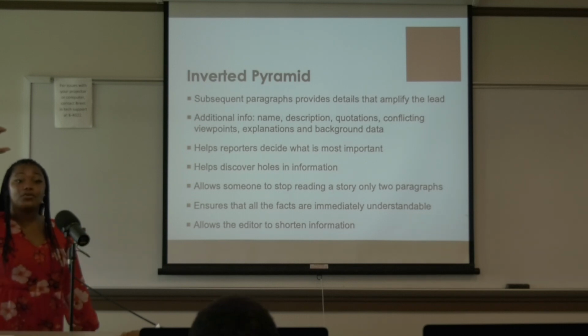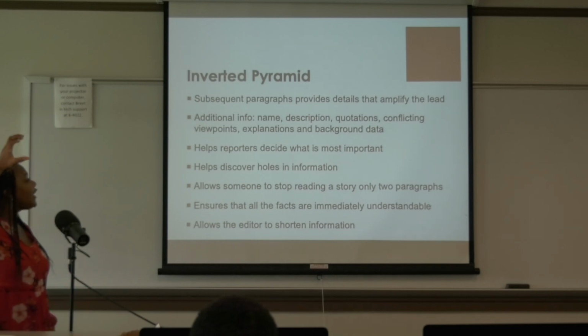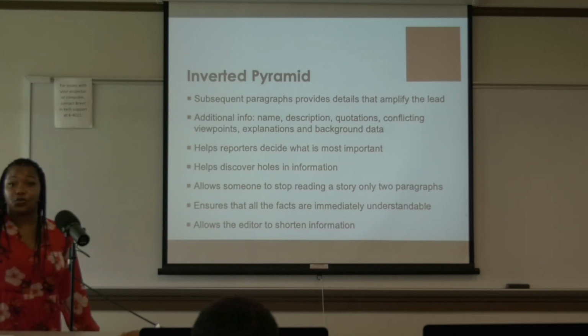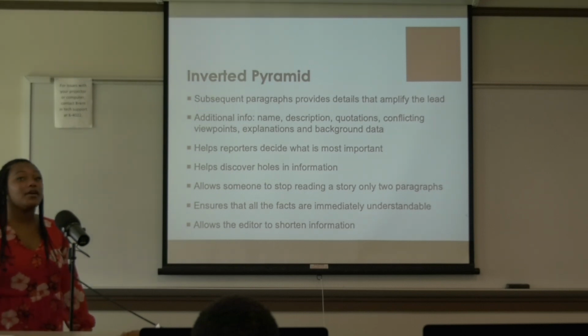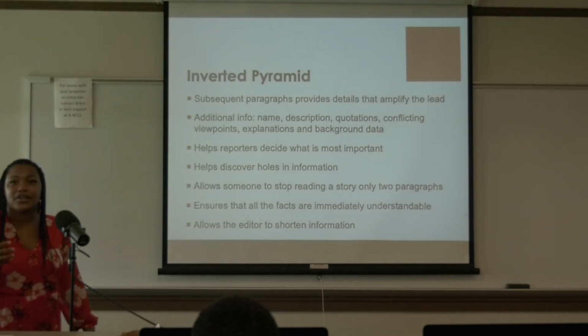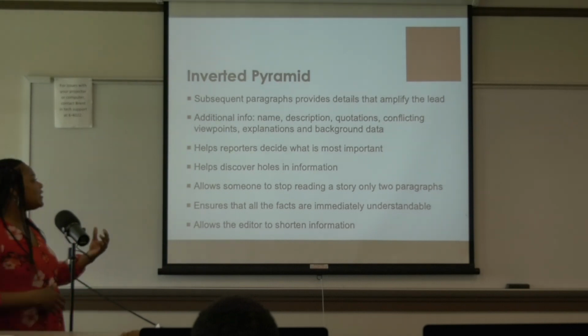Because we fill the top of the pyramid with the most important and critical information about a story. And then the subsequent paragraphs are used to provide more details. And at the end, because when you flip an inverted pyramid upside down, at the end there's a very small space. And that's for additional information that's not necessarily critical to the story, but it's still relevant.